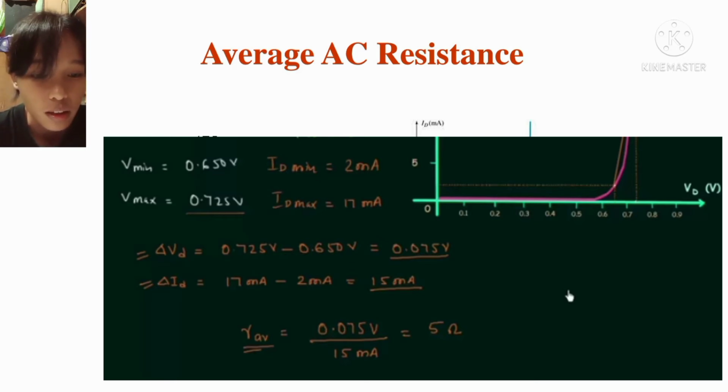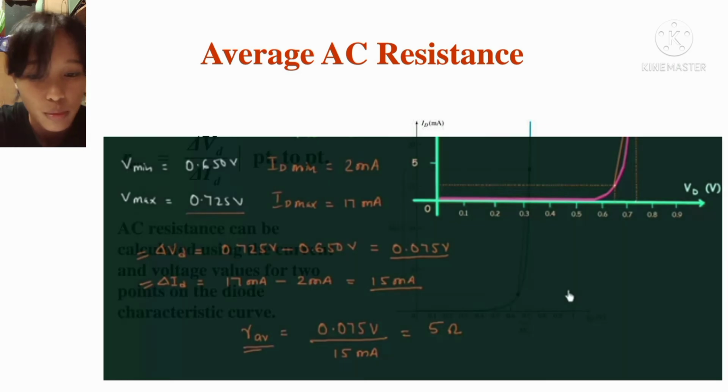The change in current is 17 milliamperes minus 2 milliamperes, which is 15 milliamperes. So the average resistance is equal to 0.075 volts divided by 15 milliamperes, which is equal to 5 ohms. Therefore, our average AC resistance is equal to 5 ohms.